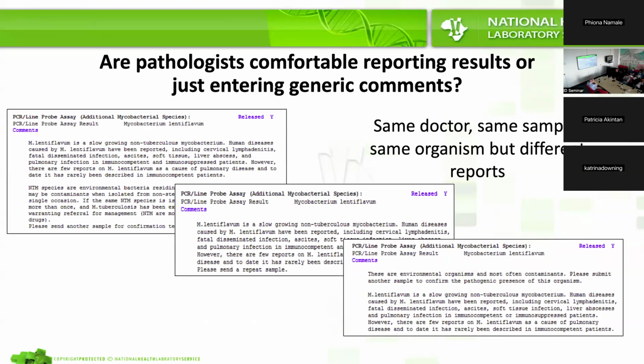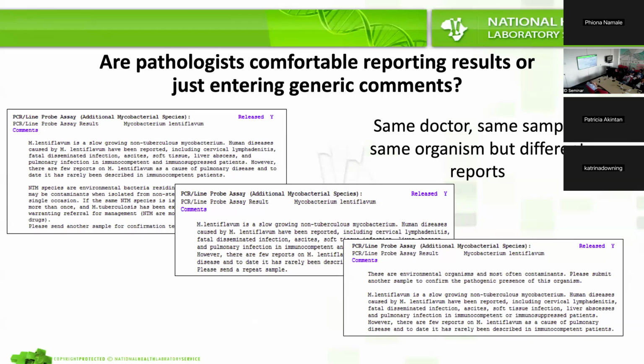So to put that a little bit into context of what we are signing up to as microbiologists from the laboratory: this is the same doctor, so it's not name and shame, but just to show you the same organism, same doctor, and reported quite differently as well. I think the main message that should be highlighted, or appear first, is that we need that second sample.